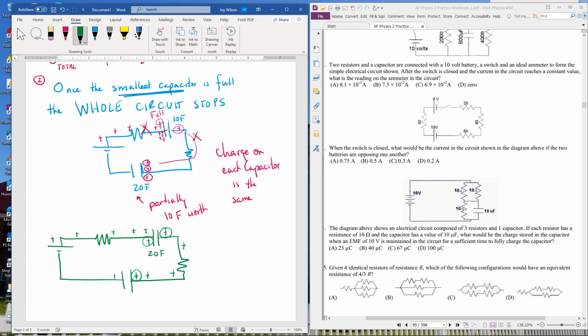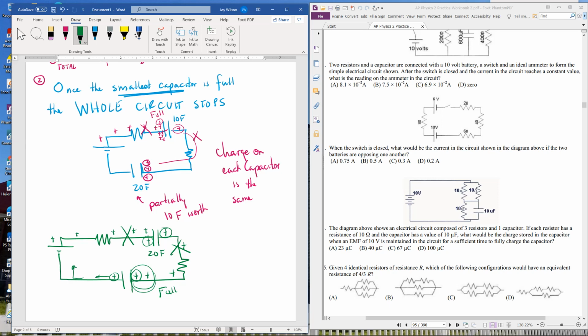As this charge comes in, one runs off. At some point, this side becomes full. When this becomes full, it will not allow any charges to come in. And if it doesn't allow any charges to come in, the second capacitor, even though it's not full, will not allow any charges to come in on that side.